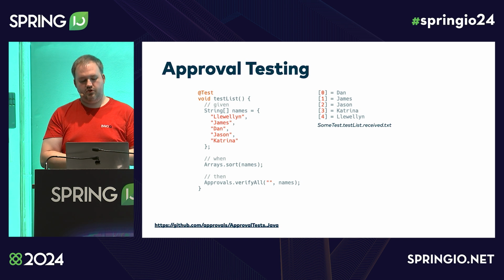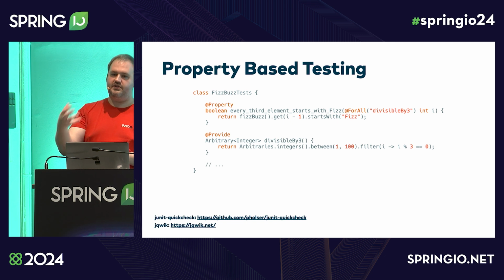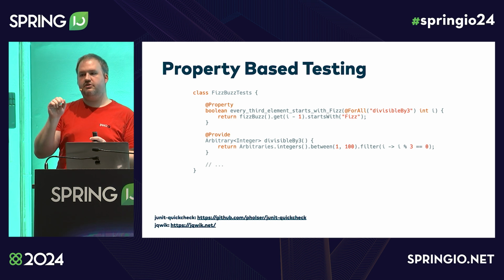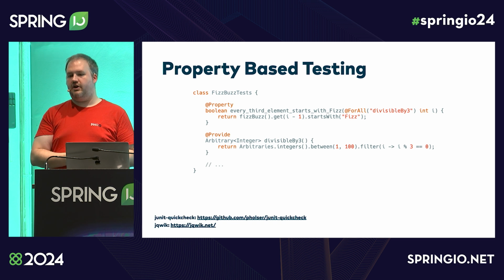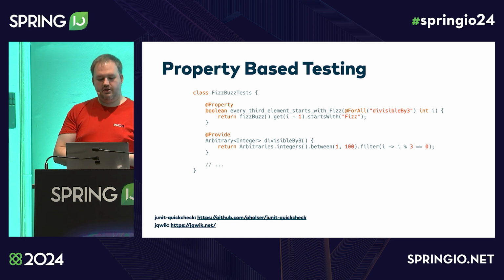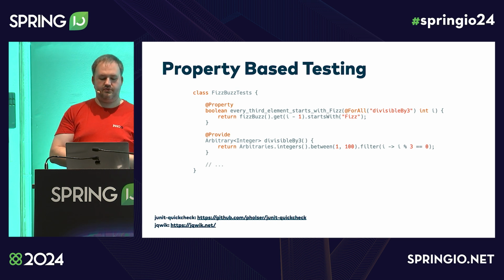So you could try it. There's property-based testing, where the concept is kind of randomness. So you describe properties of your objects or your functions. For example, for FizzBuzz, every third element starts with fizz, and that's the property that you express. And so you say for all numbers that are divisible by 3, it should start with fizz.